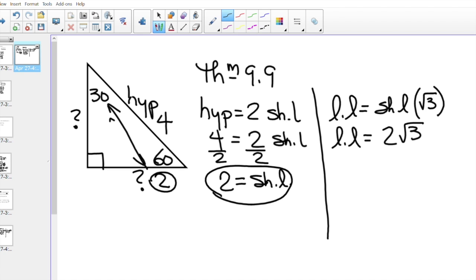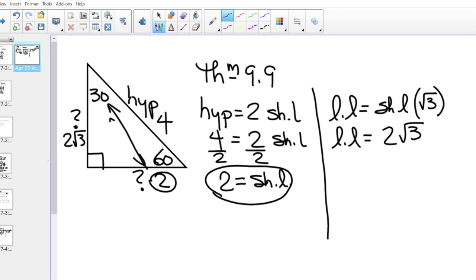And so that's the answer for the longer leg. And that's all we're doing, determining the length of the sides of a special right triangle given one of the 3 sides. Now those are examples using the length of the shorter leg and the hypotenuse.